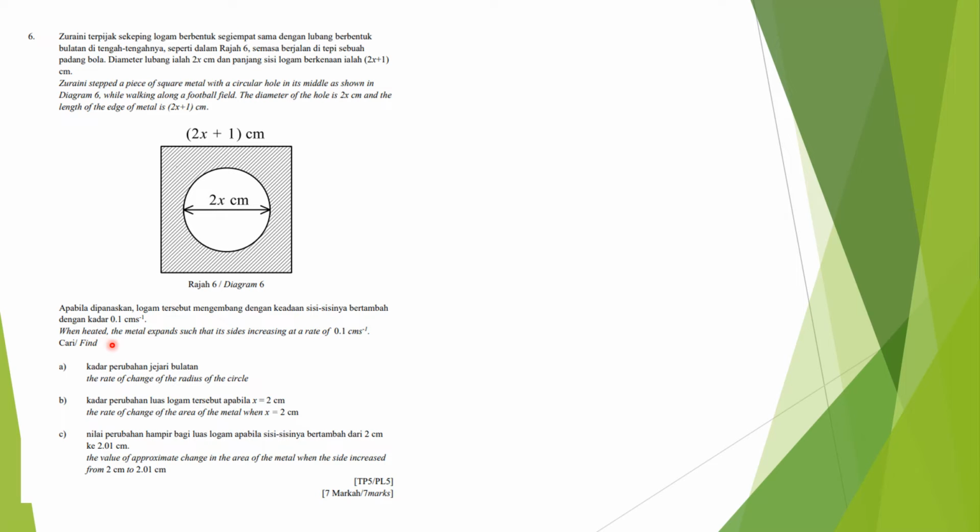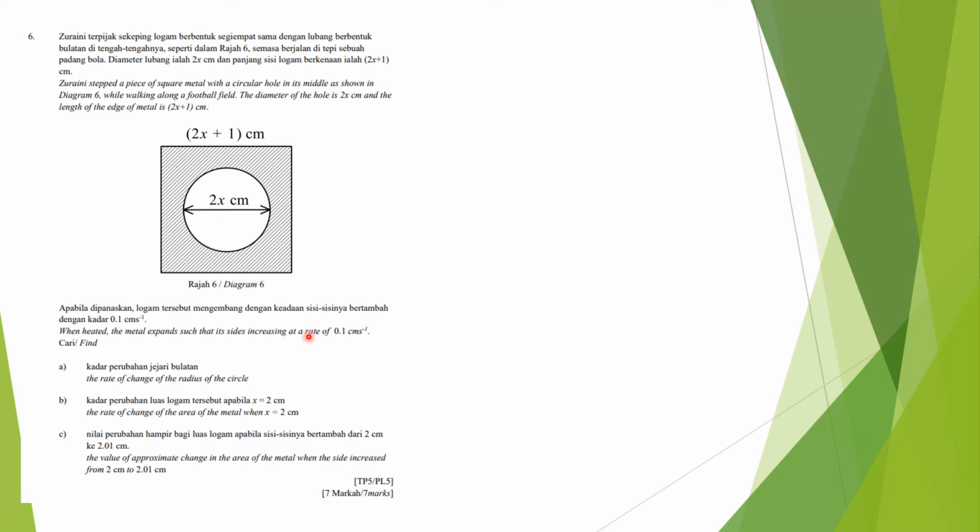When heated, the metal expands such that its sides increase at a rate of 0.1 centimeter per second. Find the rate of change of the radius of the circle. So when the metal expands, of course the circle also will expand. You must know that when the square expands, the circle also will expand.